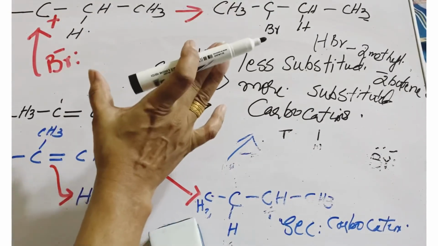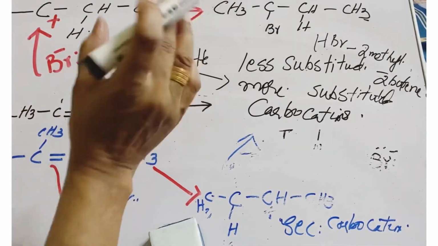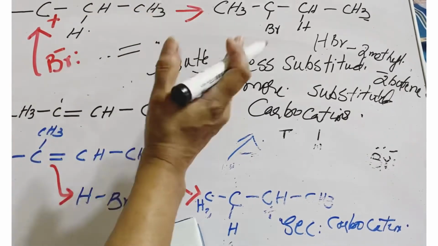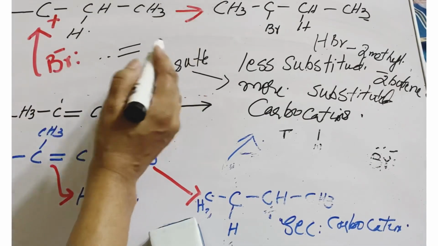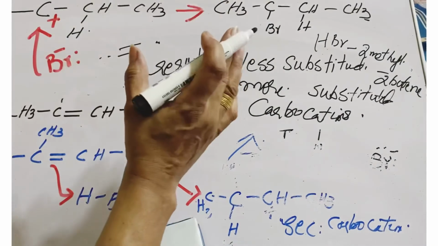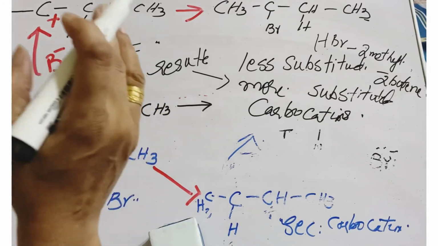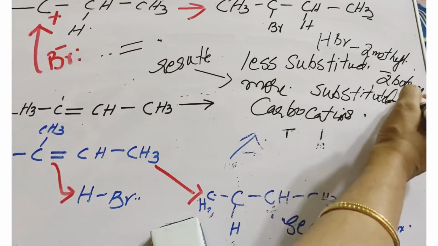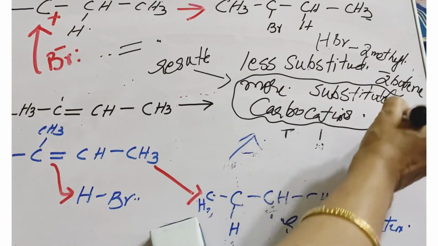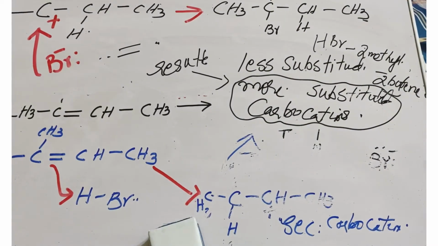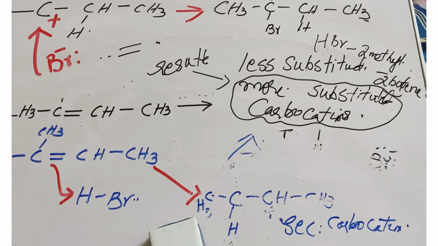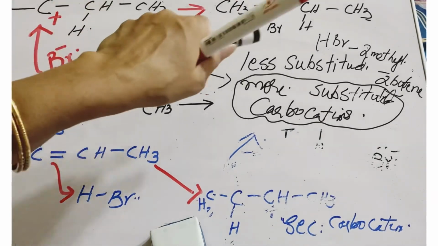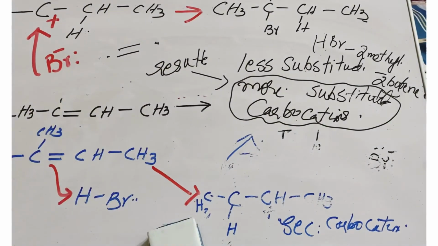A double bond has both ends, so the proton bonds to the end that has fewer substitutions, resulting in the more stable, more substituted carbocation.